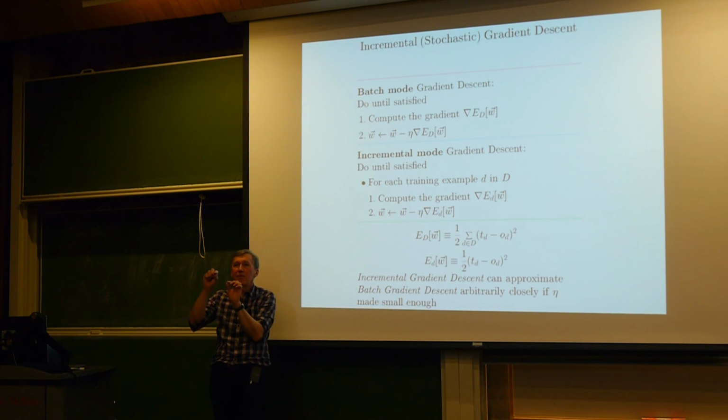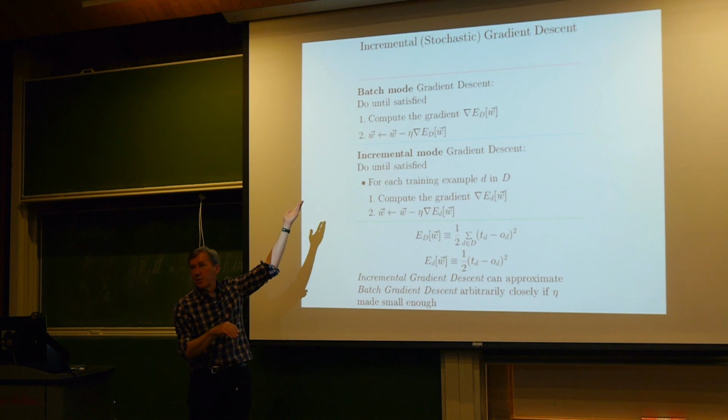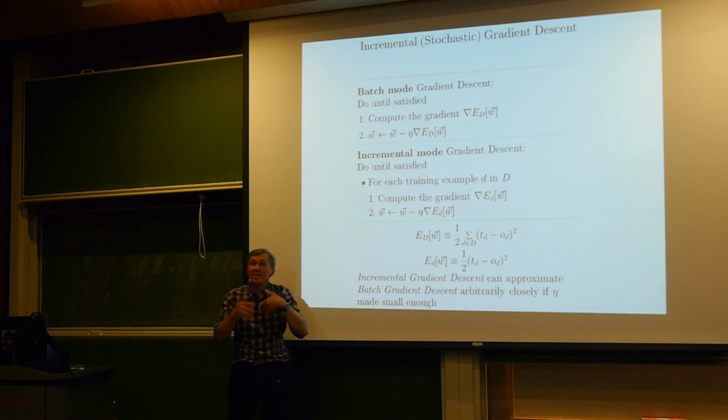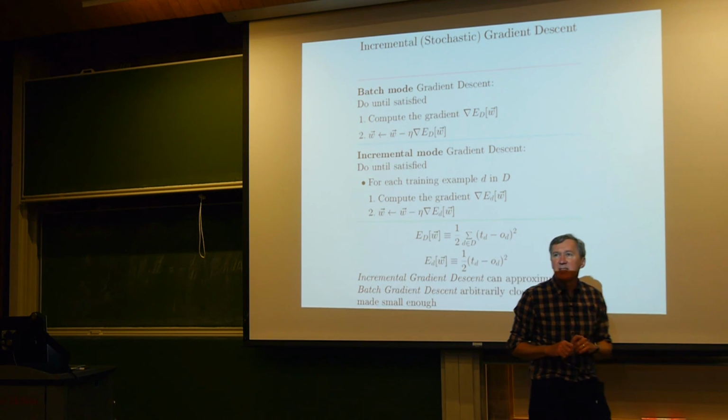And you can prove that if you make the step size of your update small enough, as that step size approaches 0, then the sum of the individual data point gradients approaches the true gradient. But in practice, this turns out to be a much faster way to train things.